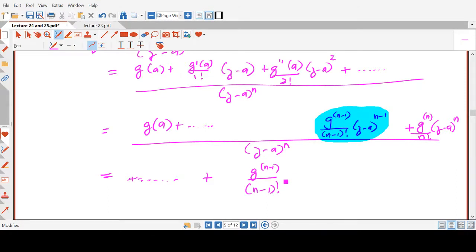What will be the thing there now? Will it not be z minus a at the bottom? Check it out. If you have z minus a to the n minus 1, over z minus a to the power n, n minus 1 minus n is minus 1.